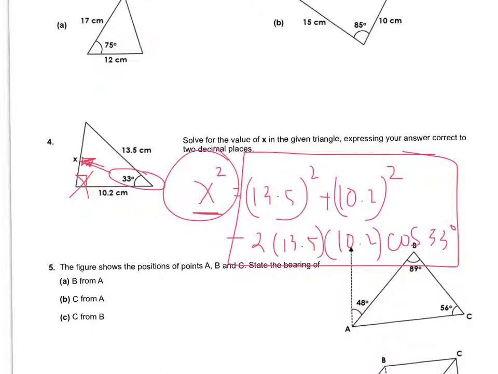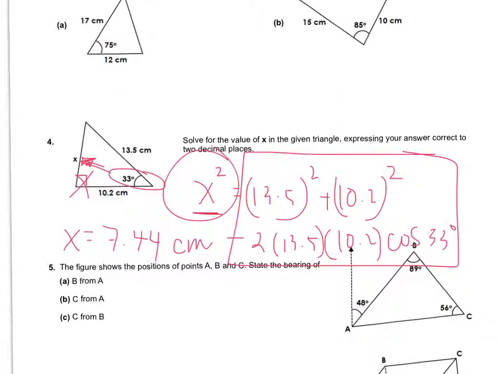So 55, that's x squared. Did you get 55? And then after that, you get the square root, which is 7.44. So in the end, x is 7.44. The units, since this is x, are centimeters.